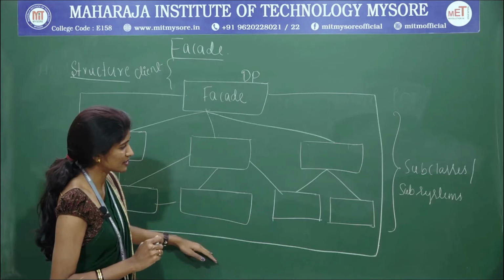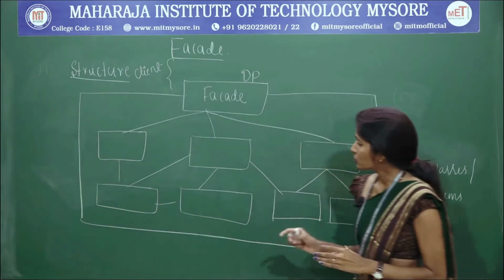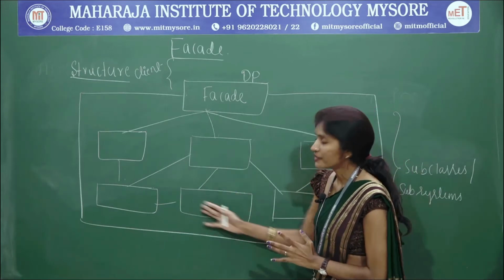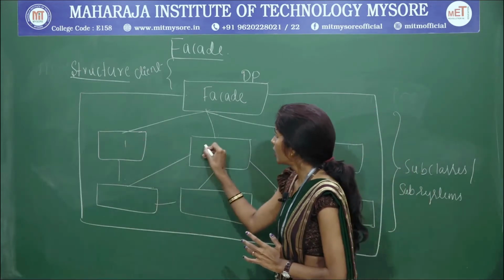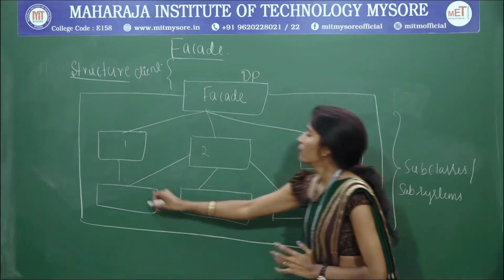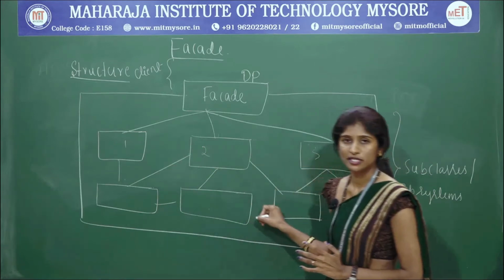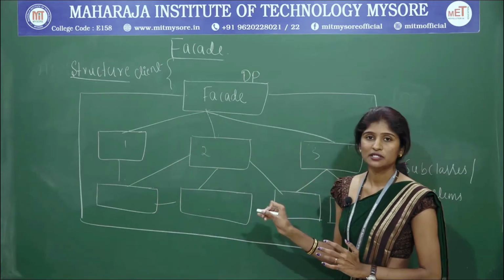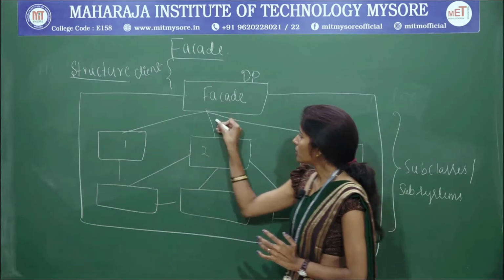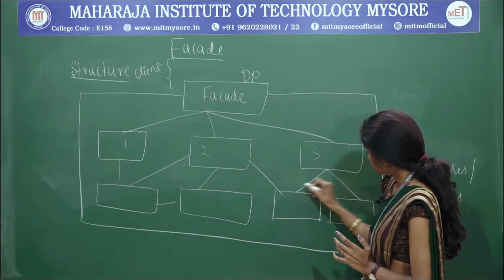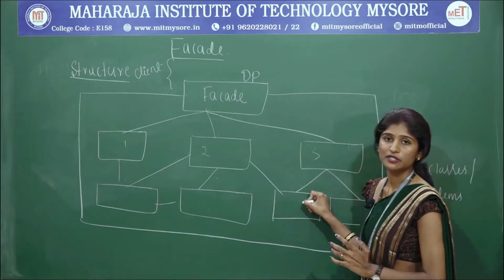What are all the subsystems? Subsystems are, as I told you, a set of interfaces or a set of subsystems, maybe subsystem 1, 2, 3, 4 and so on. So you have so many subsystems and each of the subsystems is interconnected. You can see here, those are all connected with each other. There may again be an inheritance concept between these subsystems also.